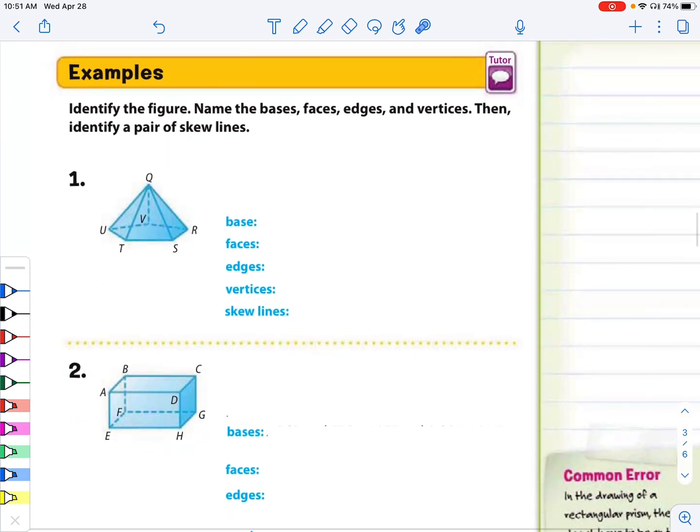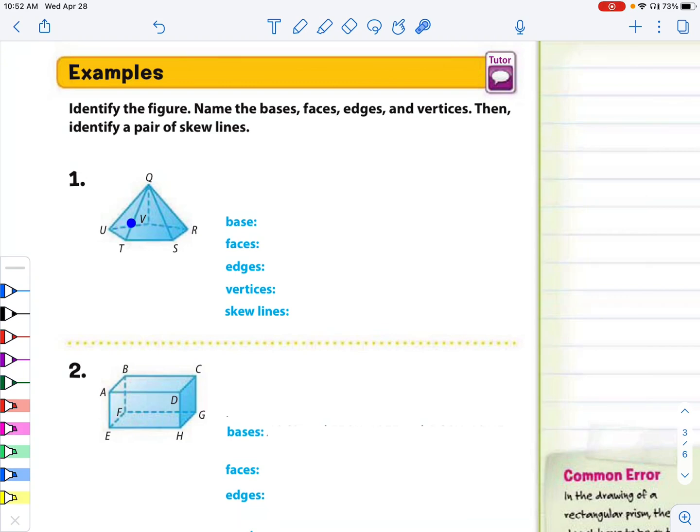Okay, let's take a look at some examples here, and let's see how we can apply all that we've learned. We want to identify the figure, name the bases, faces, edges, and vertices, then identify a pair of skew lines. In this case, we know that you have a triangular face and you have only one base. So this looks like a pyramid.